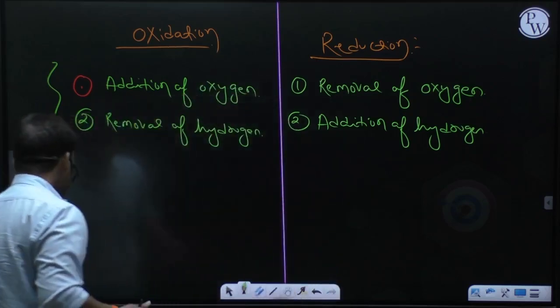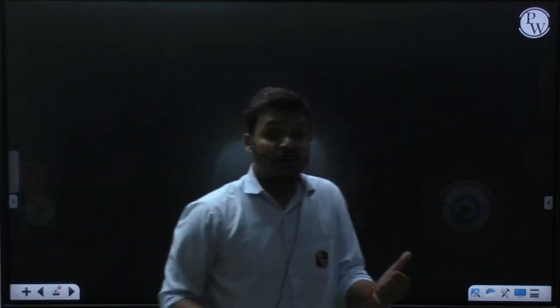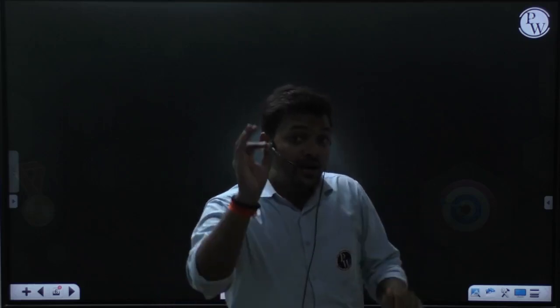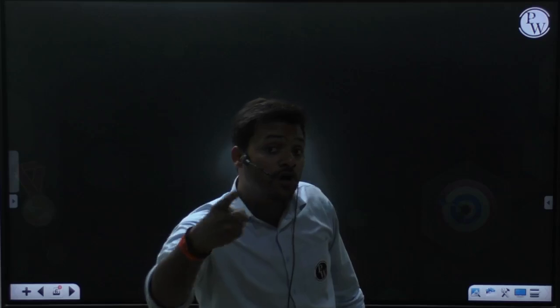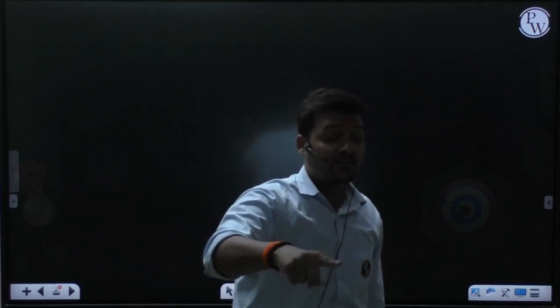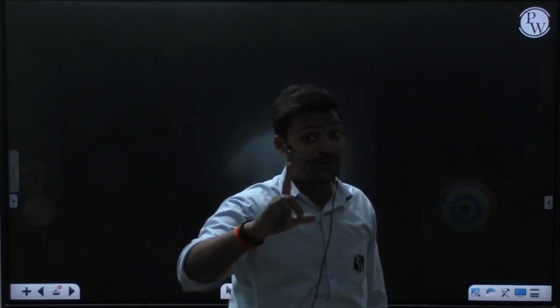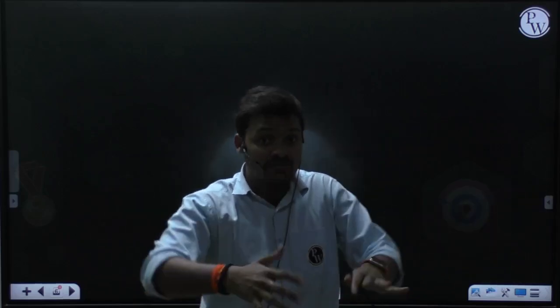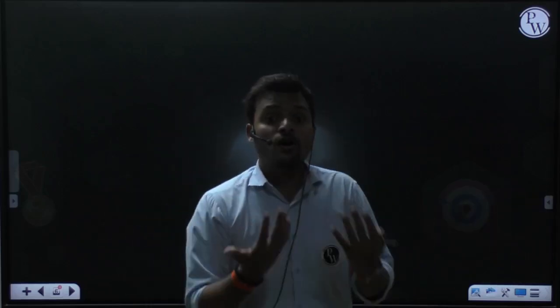Now what is oxidation? Oxidation is defined as loss of electrons. Just listen properly to what I'm trying to say. Oxidation is defined as loss of electrons and reduction is defined as gain of electrons. Make it very clear. Oxidation is defined as loss of electrons and reduction is defined as gain of electrons, right?